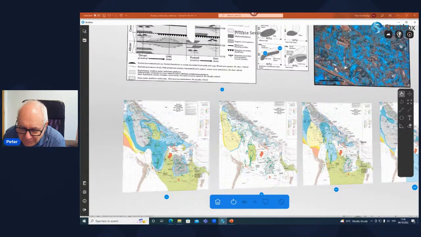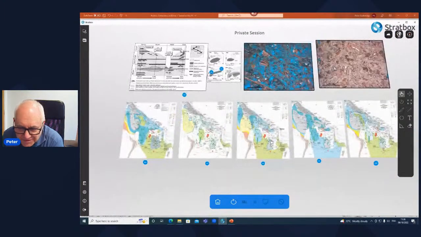So, for example, the main area I want to focus on in this map are these areas which really show how much of a hole this unconformity punched through the Cretaceous succession.